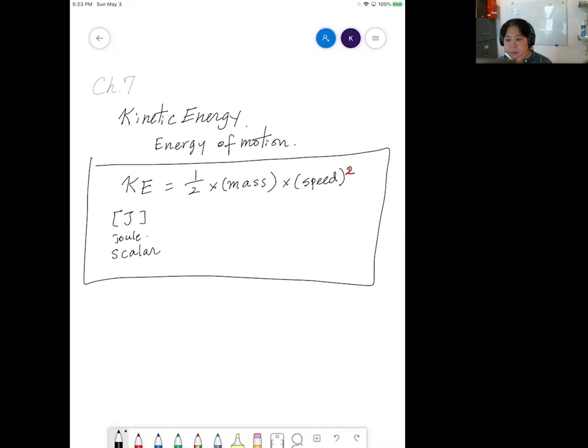So you could just write KE, kinetic energy, as 1/2 mv squared. Again, the bigger the mass, the bigger the inertia, the more massive the object is, the more kinetic energy it contains. Makes sense, right?